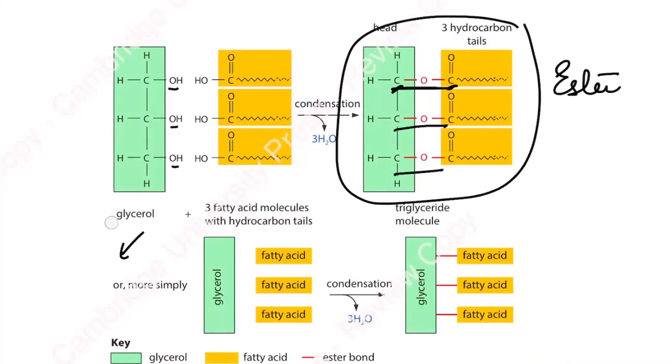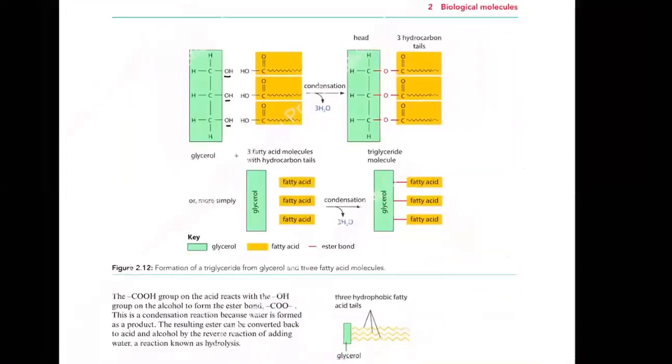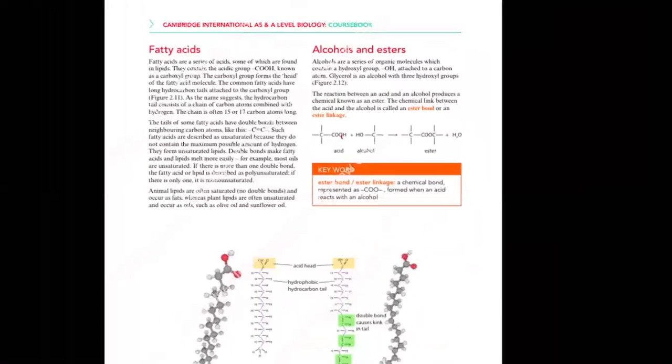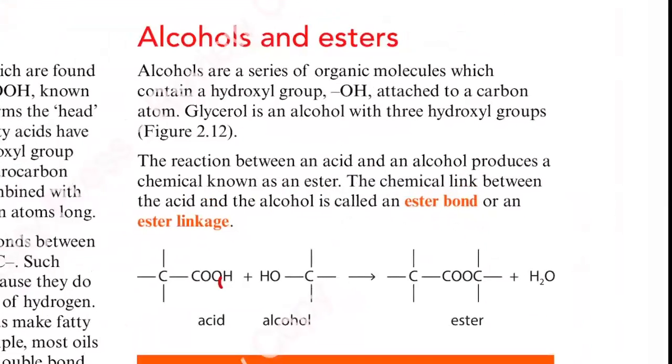I'll show this to you on the next page. In fact, on the previous page, what does it actually mean? Alcohols are a series of organic molecules which contain a hydroxyl group. अभी आपको previous page पे एक molecule नजर आ रहा था, that was glycerol because it has many hydroxyl groups attached to carbon atoms.